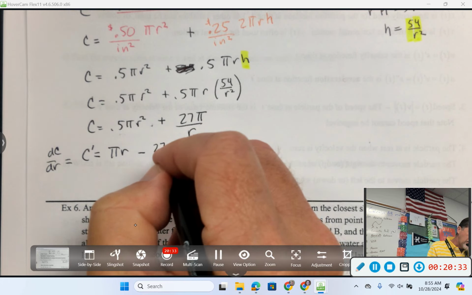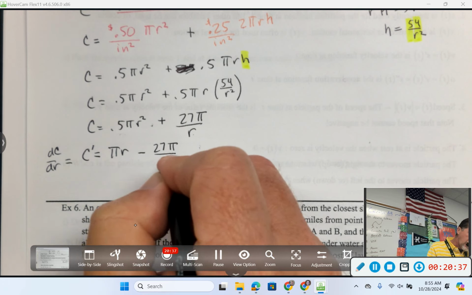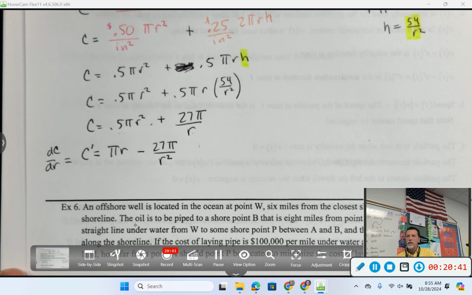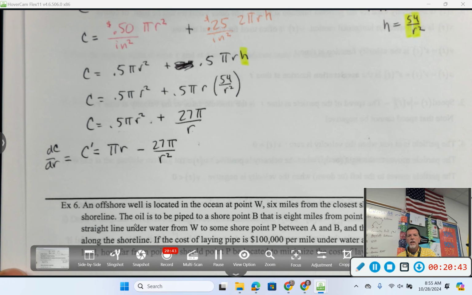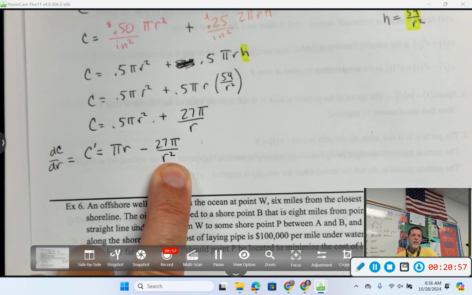I hope I'm not skipping too many steps. Minus 27 pi r to the negative 2. Okay with that? Do I need to show some steps in between there? The derivative of r to the negative 1 is negative r to the negative 2. So I get my negative sign, and my exponent goes down by 1.